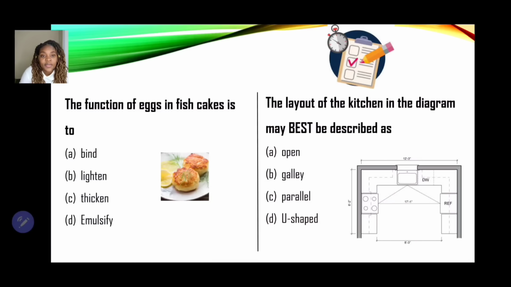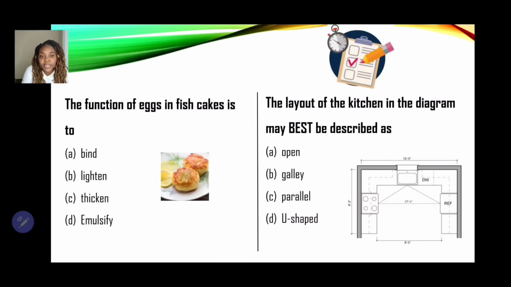Next question. The function of eggs in fish cakes is to, so I included an image of the fish cake there for some persons who are not sure what a fish cake is, or persons who may be thinking of the regular pastry cake that we have when we speak of cake, right? So that is what the fish cakes looks like.